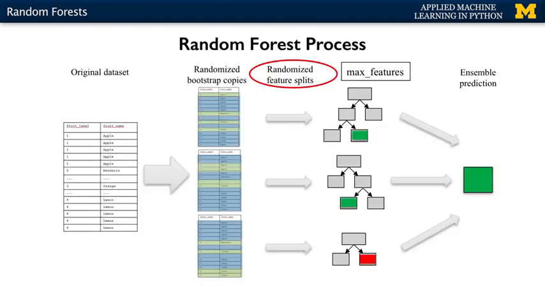When building a decision tree for a random forest, the process is almost the same as for a standard decision tree, but with one important difference. When picking the best split for a node, instead of finding the best split across all possible features, a random subset of features is chosen, and the best split is found within that smaller subset of features.